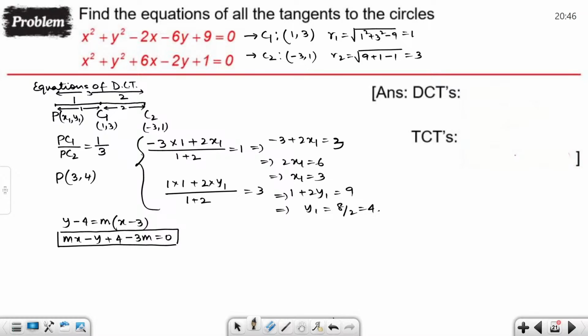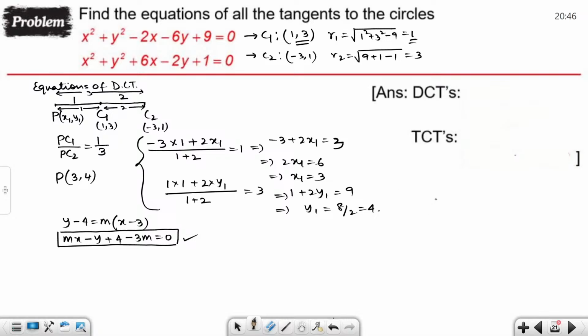Right? Now, for the first circle, if I choose the circle having its center at C1, its center is (1, 3) and radius is 1. So what I am doing is finding out the perpendicular distance from C1, the center of this circle, on this line, the tangent, which is nothing but the radius of that circle.